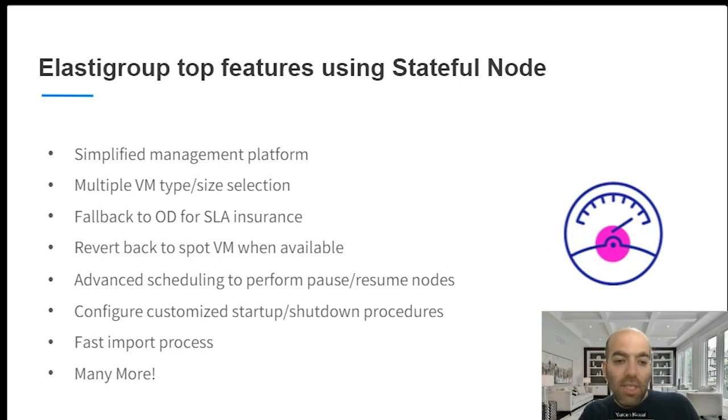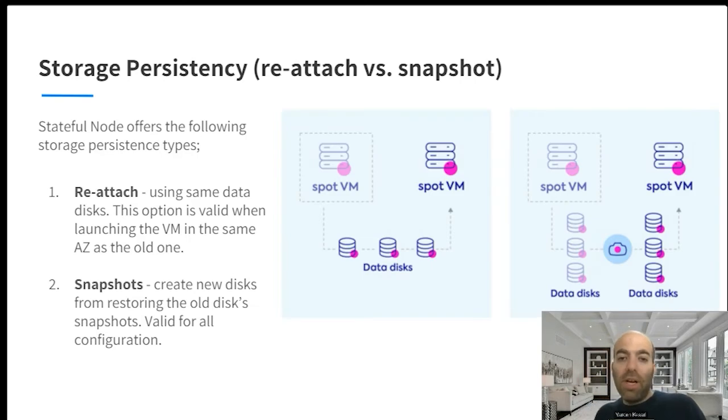All right. So going into the storage persistency, actually the persistency of the data volume can be done in multiple ways. We are mentioning two of those here. One is having the same data volume. That's the persistency of the data itself. Same data volumes is only relevant when you're using a single AZ architecture.